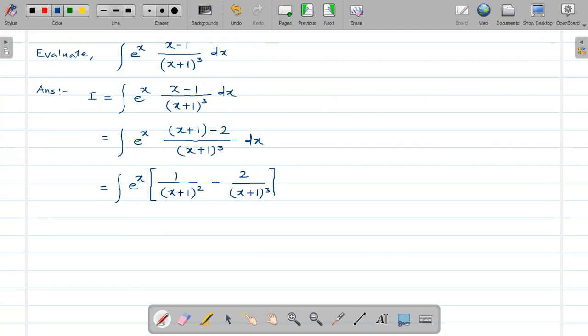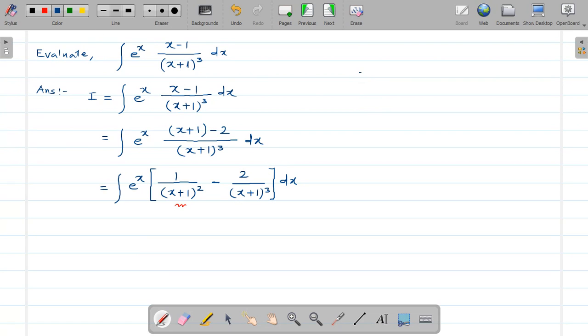So after expressing the numerator in terms of the denominator and then separating the denominator, we get 1 upon x plus 1 bracket square minus 2 upon x plus 1 cube. Now just observe the terms here. The first term is 1 upon x plus 1 square, the second term is 2 upon x plus 1 cube.